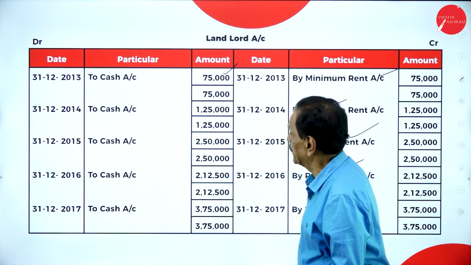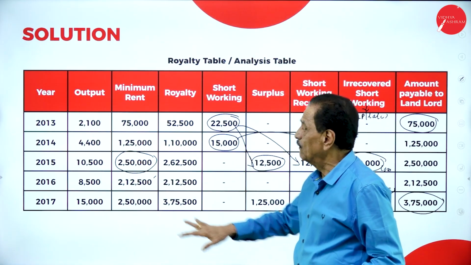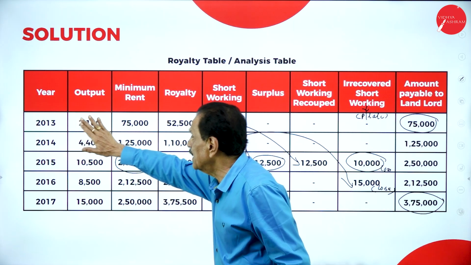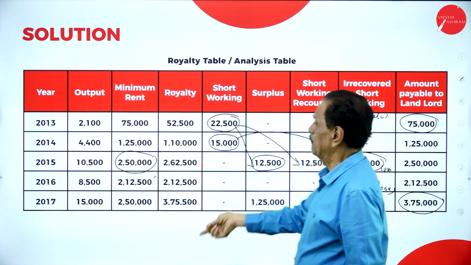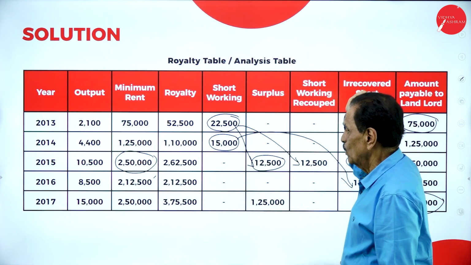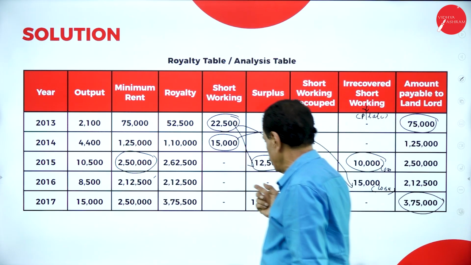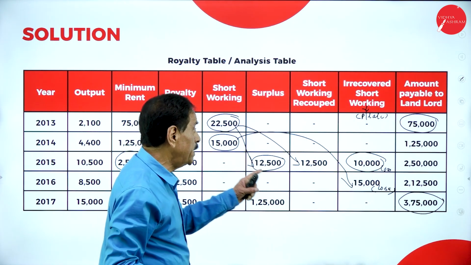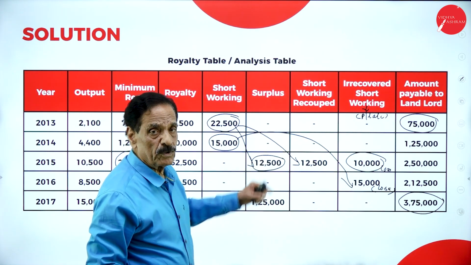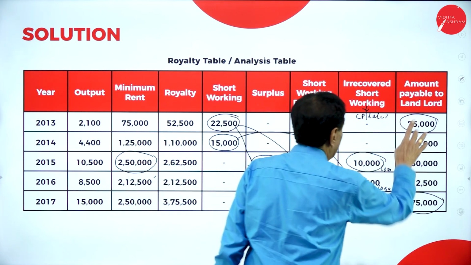First you have to prepare the table. This table you have to read. What's the table format? Year, output, minimum rent, royalty, short working, surplus, short working recoupment, irrecoverable short working transferred to profit and loss account, amount payable to landlord.